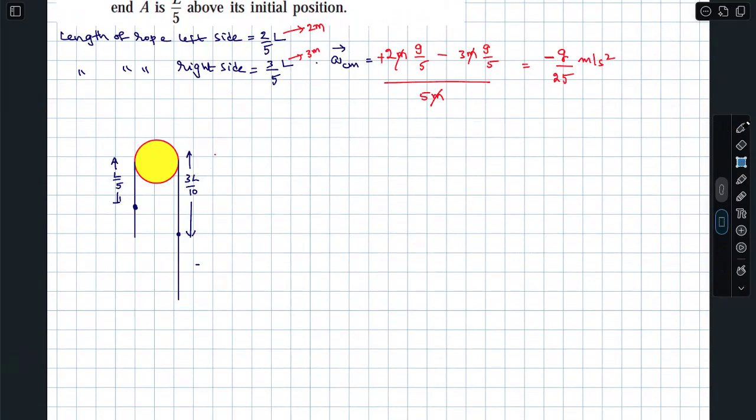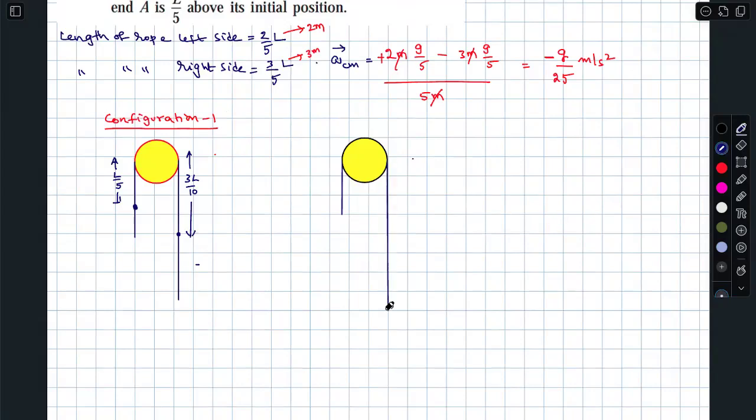This is configuration 1. This is configuration 2, which means, now see, at this point of time, where lies the center of mass of the system?